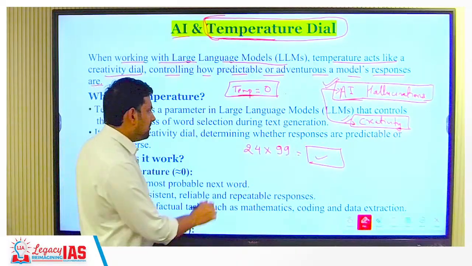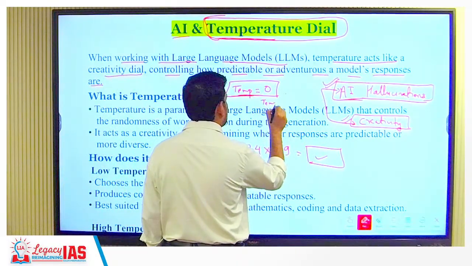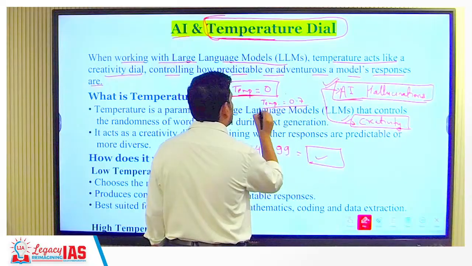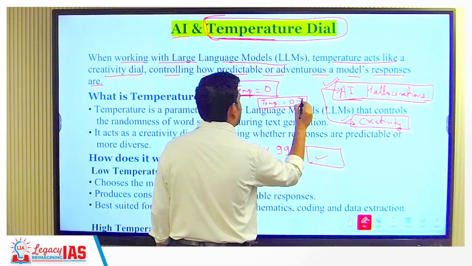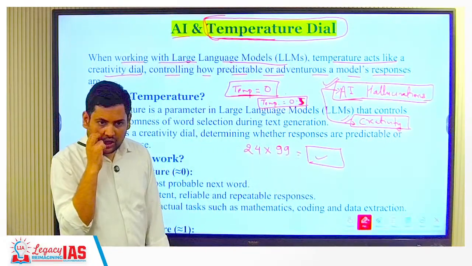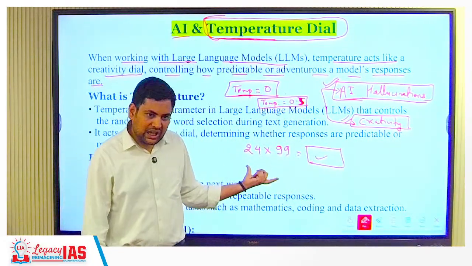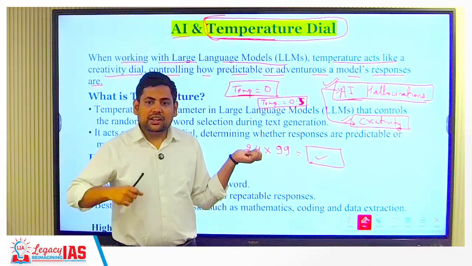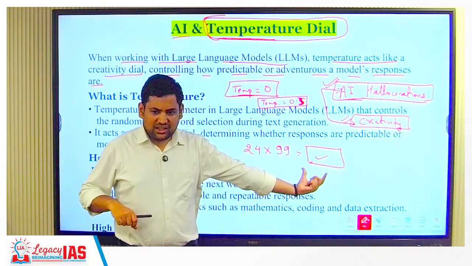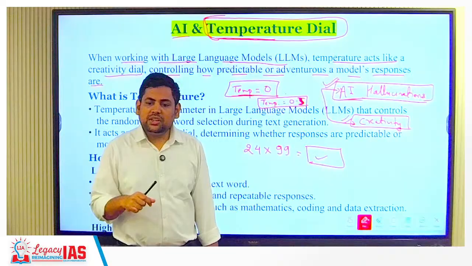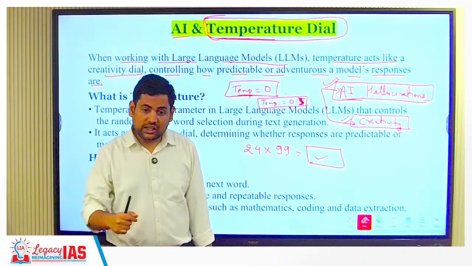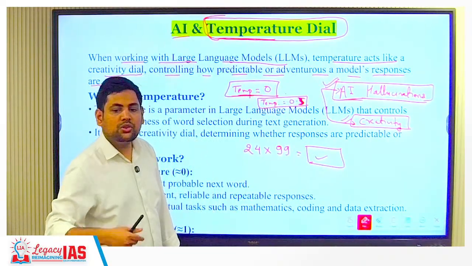Now, if the temperature is slightly more, for example, let's say 0.5, 0.7. Now, what will it do? It will understand that somebody who is asking this does not just want the answer. Answer he can get from anywhere. So I must give him some clue also, that how I have calculated this or how you could have done this.